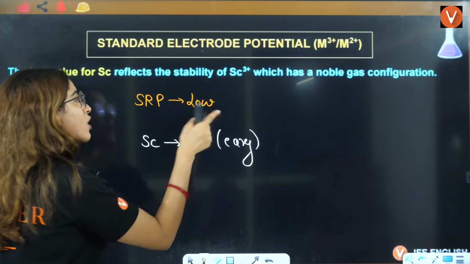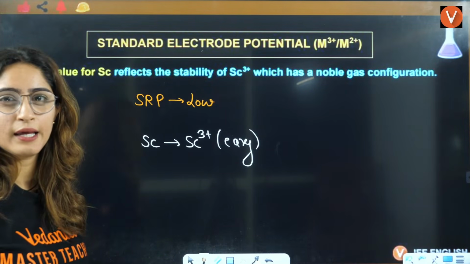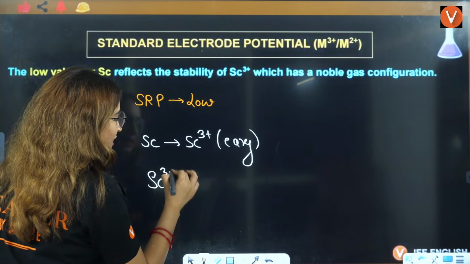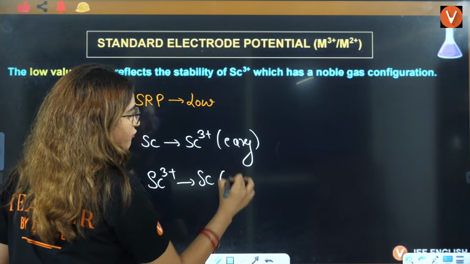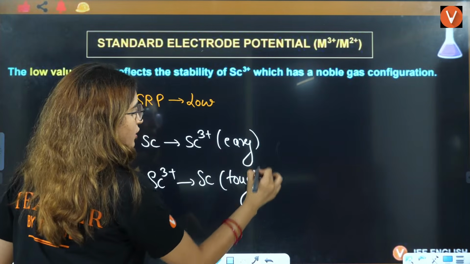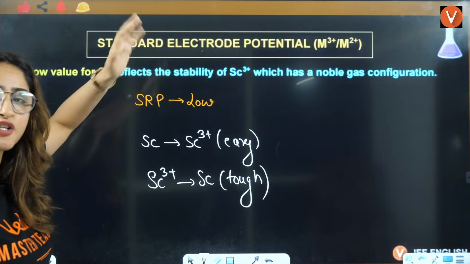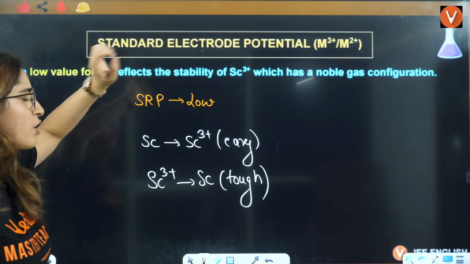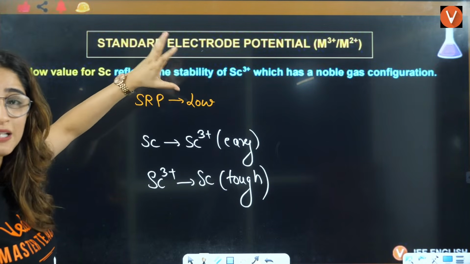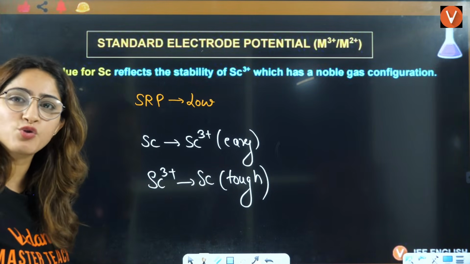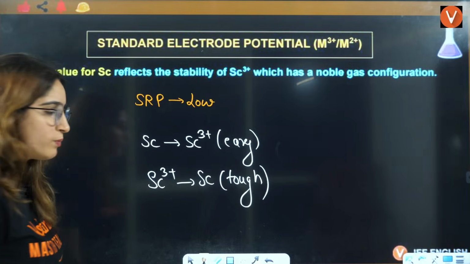To increase the oxidation number is easy, but to decrease the oxidation number is tough. So if the standard reduction potential is low, it is very difficult to reduce it.